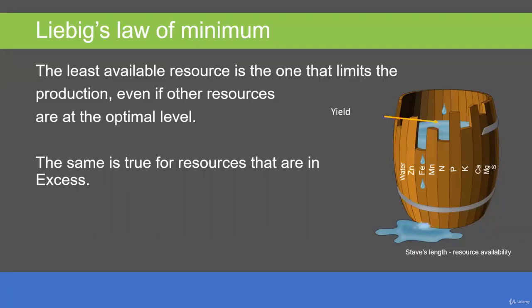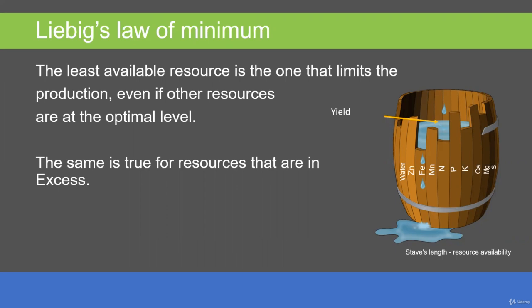And this is explained by Liebig's law of minimum, which states that the least available resource is the one that limits the production, the yield, even if other resources are at the optimal level. Of course, the same is true for resources that are in excess, like we saw, they might also reduce the yields.